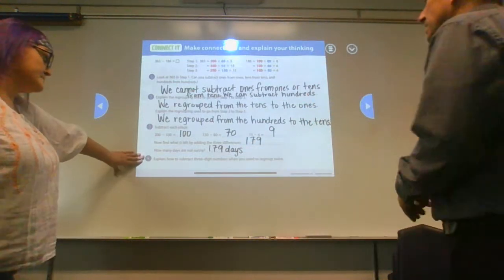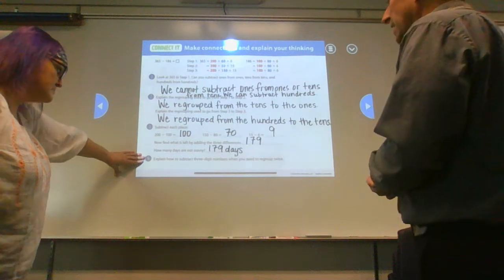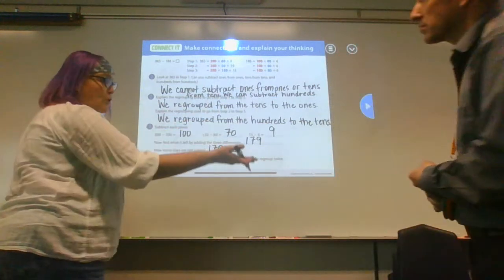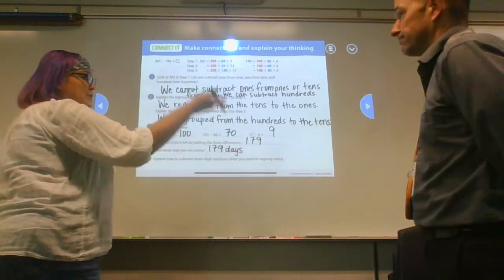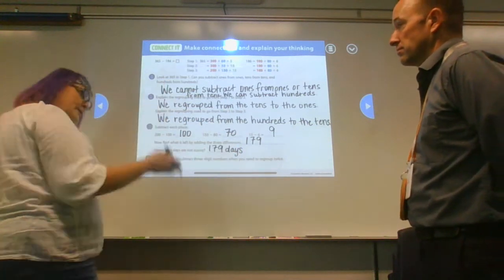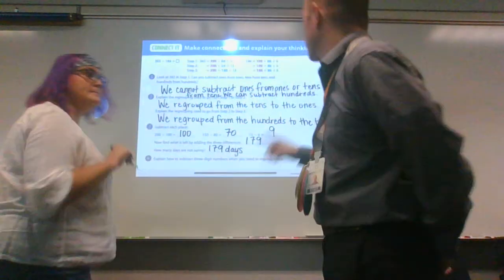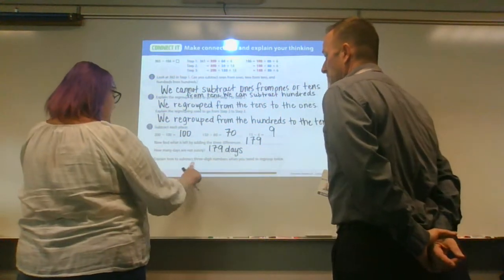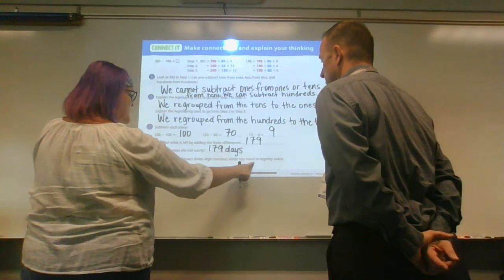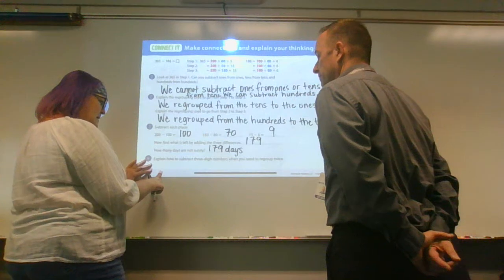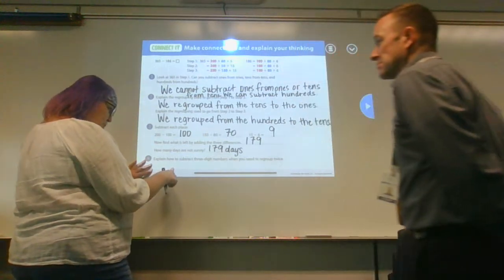Explain how to subtract 3-digit numbers when you need to regroup twice. So how did we do that up here, Miss Jetson? Well, I think you have to start in your ones. And when you're finished with your ones, you naturally go to the next place value. So would we explain that by saying, always regroup?